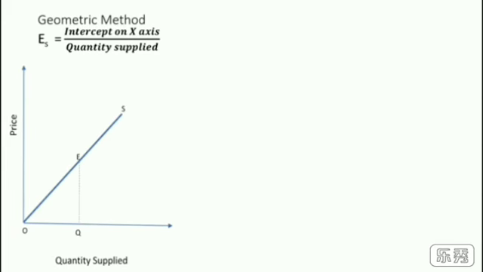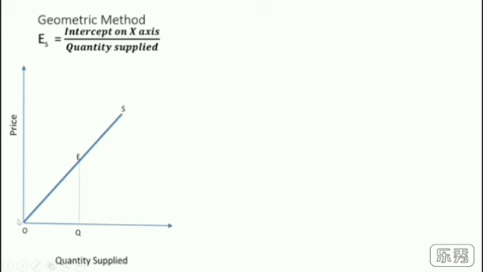Now we come to this panel. Here the supply curve goes through the origin. One can imagine that the point N has coincided with the origin here. Therefore, NQ0 has become equal to OQ0.